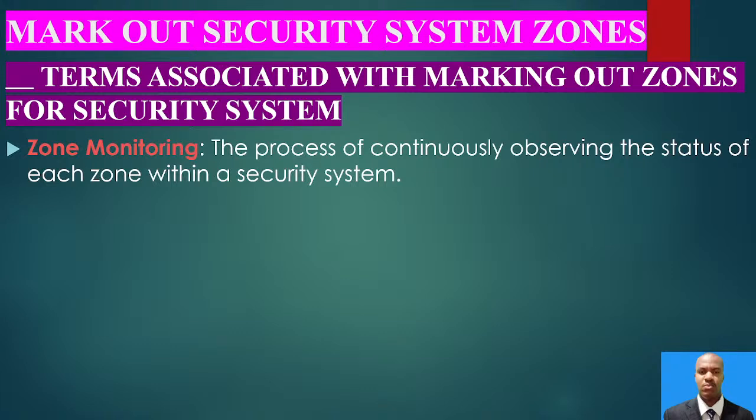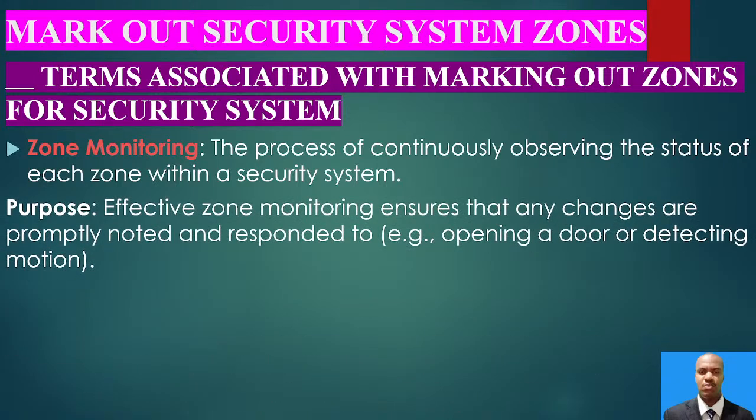So if we compare that with what we are referring to as zone monitoring, it is that process of continuously observing the status. So you keep an eye on a specific zone to see what is happening, what is going on in that specific zone within that security system. Then the purpose is that it offers effective zone monitoring, ensuring that any changes are promptly noted and the responses are also thought about.